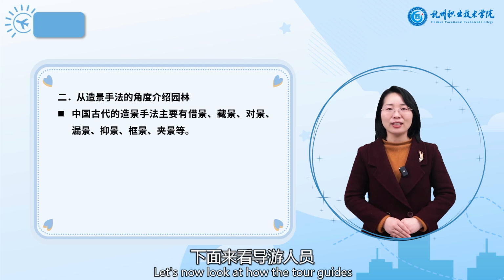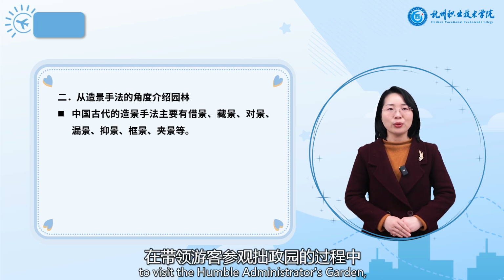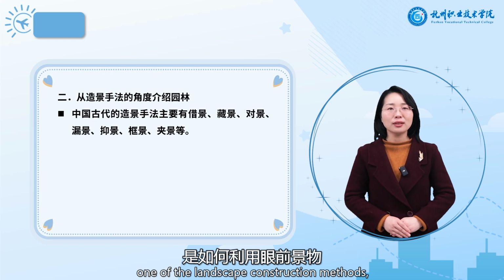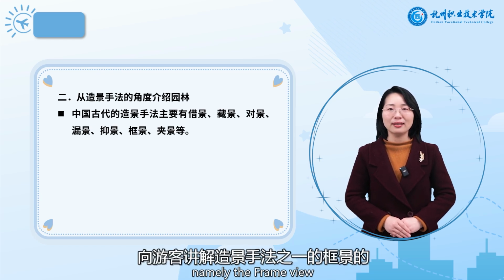Let's now look at how the tour guides use the immediate scenery during leading the tourists to visit the Humble Administrator's Garden, and explain to the tourists one of the landscape construction methods, namely the frame view.